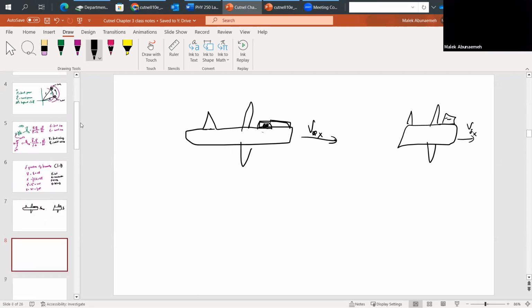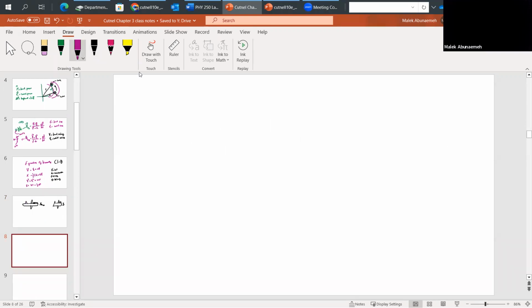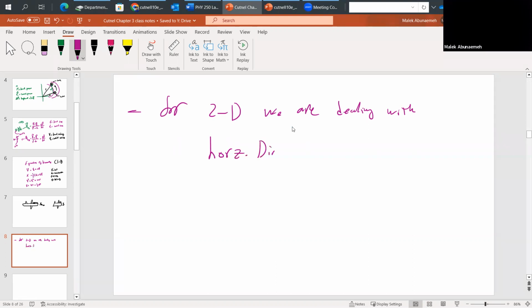Now, one thing we want to know when we talk about 2D is that we are dealing with a horizontal direction, which is your x direction, and a vertical direction, which is going to be your y direction.